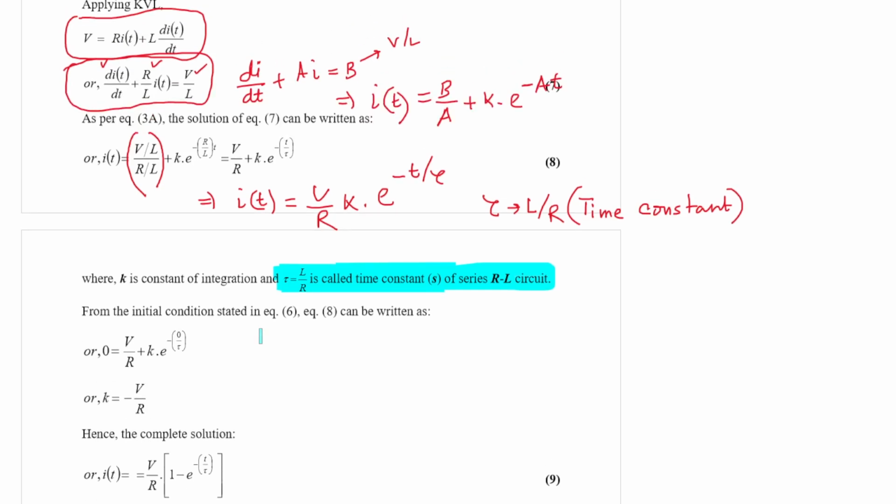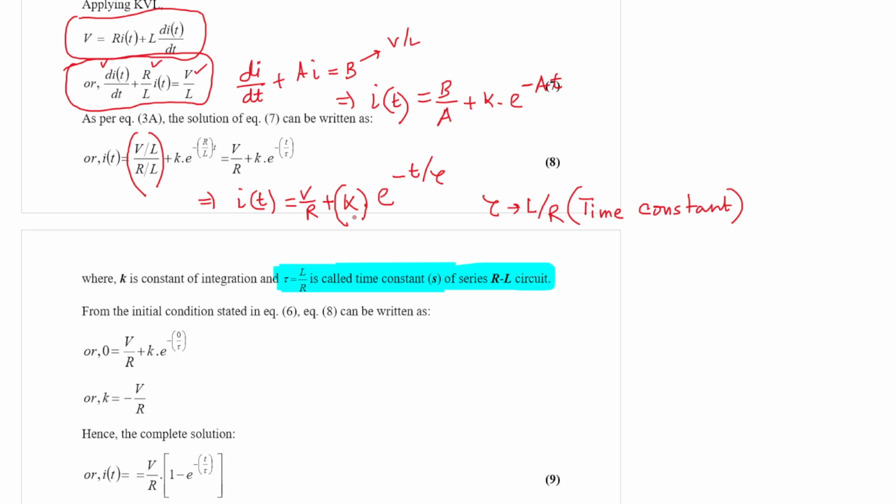This should be plus: i(t) is equal to V by R plus K.